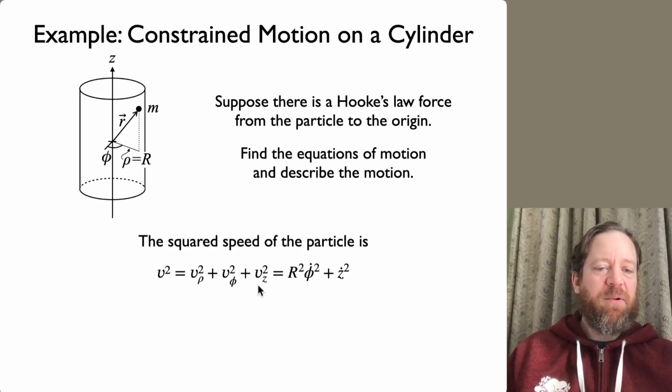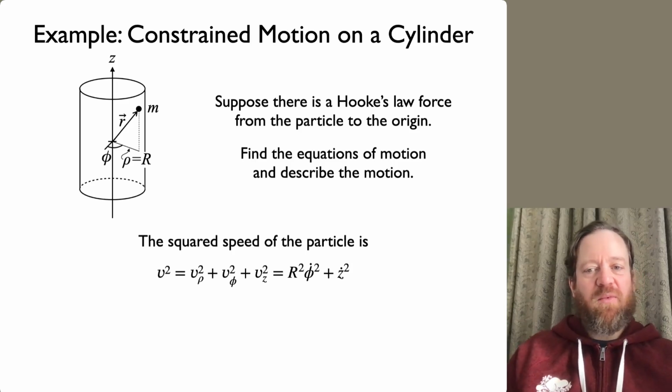So we know, for example, that vz is just equal to z dot. V phi, on the other hand, is going to equal the radius of the motion multiplied by the azimuthal speed phi dot. So that's going to be the product, r phi dot. When we square that, that's where we get r squared phi dot squared.